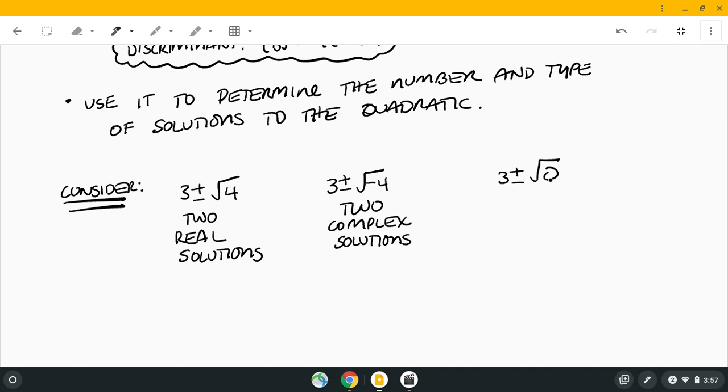Now, what about over here? What if we get 0? Well, then you get 3 plus 0 and 3 minus 0. But those are the same, right? So over here, you get 1 solution, and it's not imaginary, so it's 1 real solution.